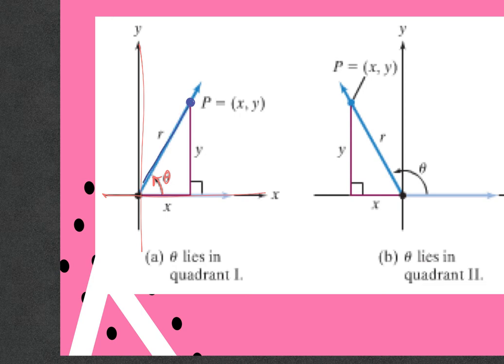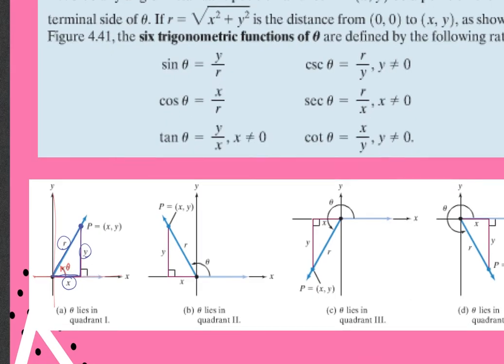So if I were to close this in, I make it a right triangle where the x is going to be my adjacent side, the y is going to be my opposite side, and the r, which is referred to as the radius, is your hypotenuse. So you can take those sides and you can use SOHCAHTOA to find sine, cosine, tangent. So that's what all of this is.